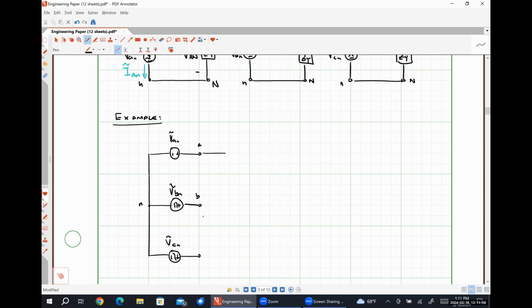So here's A, B, and C. Here's my transmission line impedance ZW. And then over here is my load, ZY.